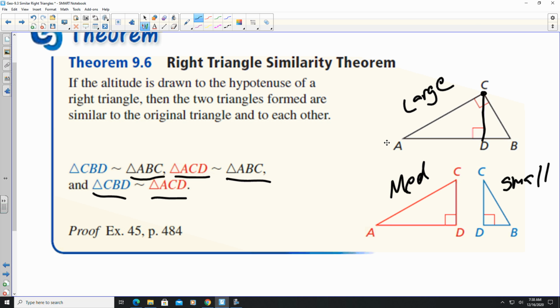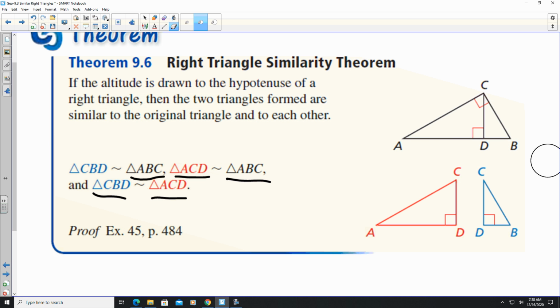What I also like to do is not only tie in calling the triangles the small, medium, and large triangles, I also like to tie in different names for each of the side measurements. Looking at the large triangle, we have AB, which is the hypotenuse.